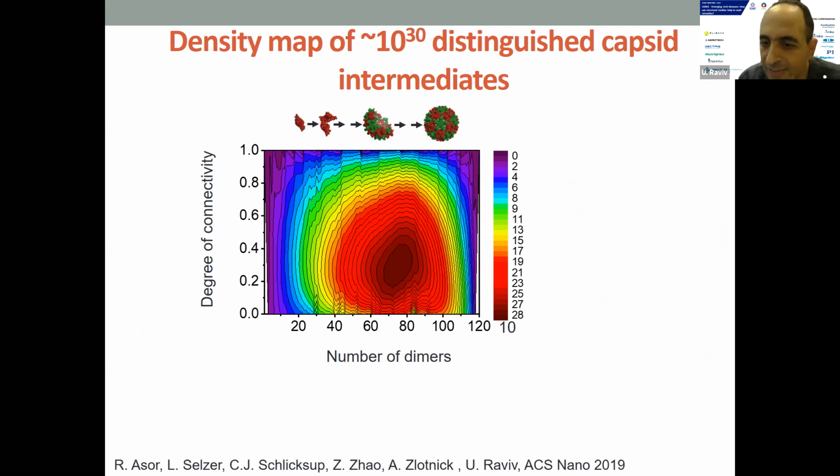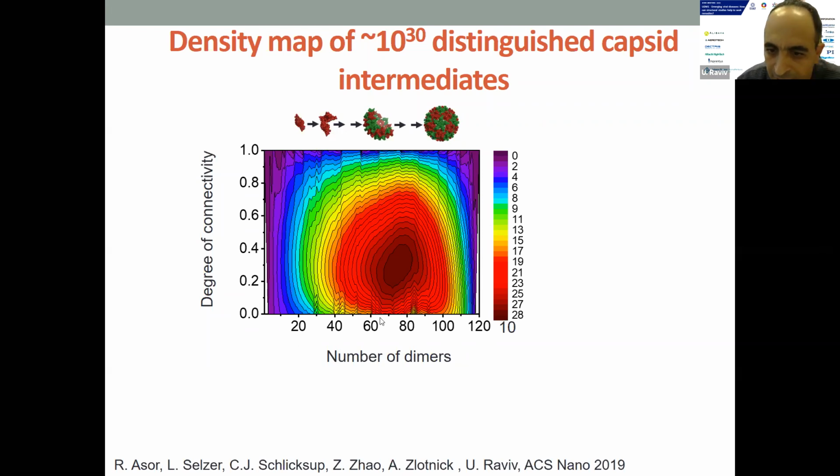He did umbrella sampling of Monte Carlo simulations, where he sampled and described the possible states, but of course not 10 to the 30. It's impossible. So what we had to do is, in the phase space of degree of connectivity, which means the number of contacts between the subunits, one corresponds to a compact structure with the maximum number of contacts. 0 corresponds to the most open structure with minimal number of contacts.